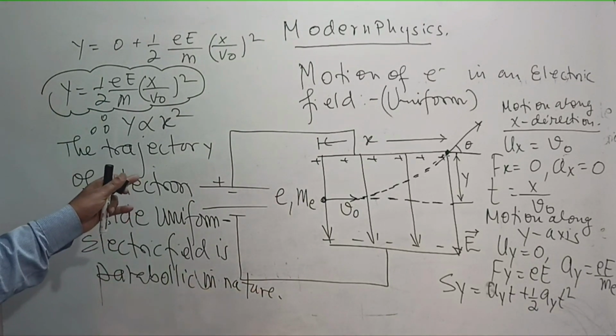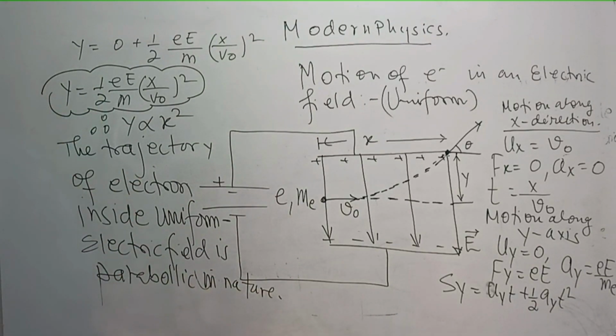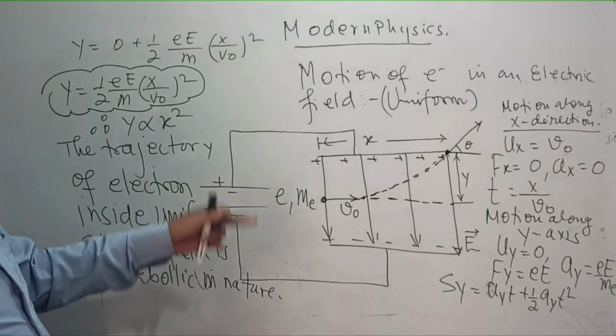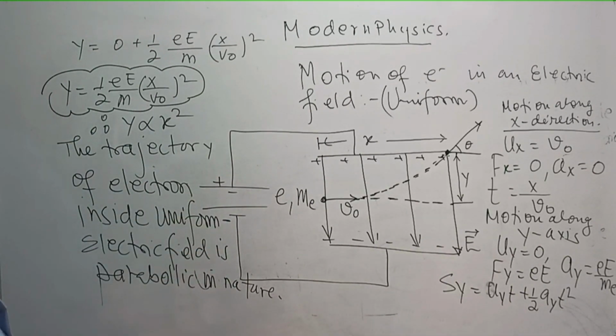The trajectory of an electron inside the uniform electric field is parabolic in nature.